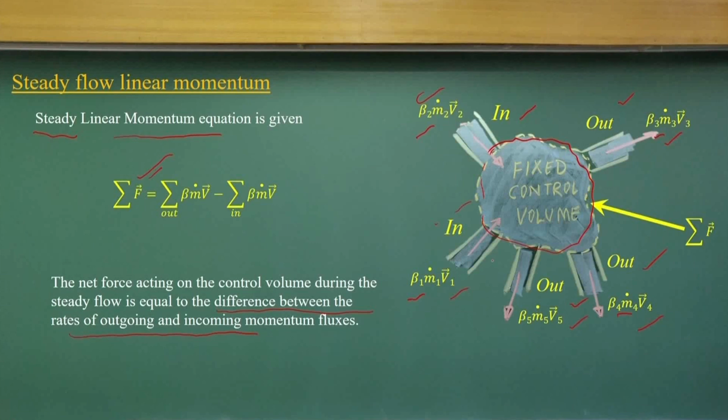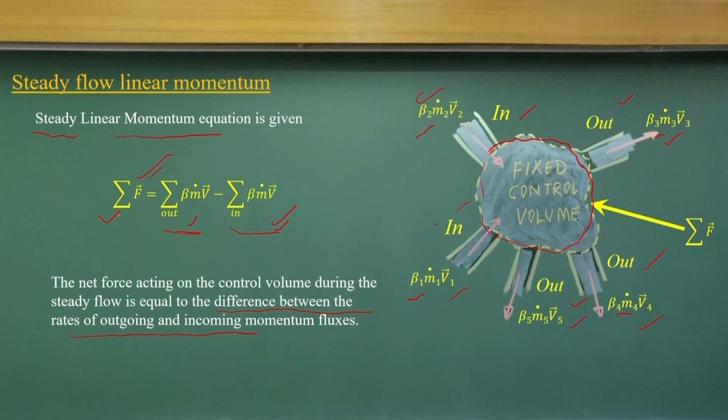That is what we are summing: how much comes in and how much goes out, the incoming momentum flux and outgoing momentum flux. As you know vectorially, the outgoing momentum flux will be positive and the incoming momentum flux will be negative. So, the net outflux of this momentum flux will be the force component.